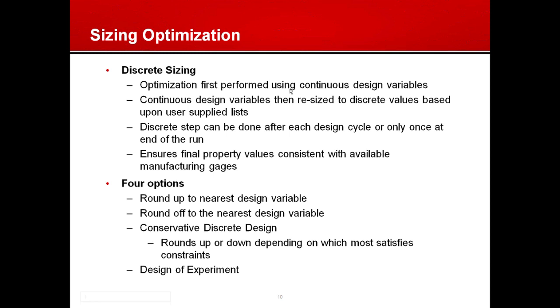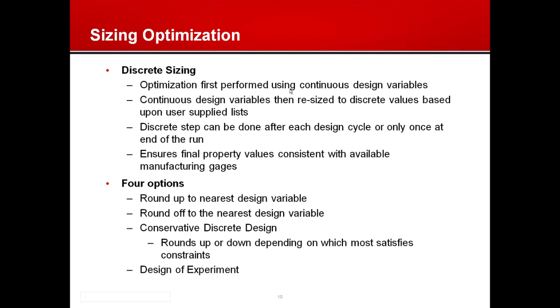So you may have a need to select from discrete values of your design variables, so that you can only get components that are readily available in the market. For example, certain size beams with certain cross-section, flange height, width, and thicknesses, etc.